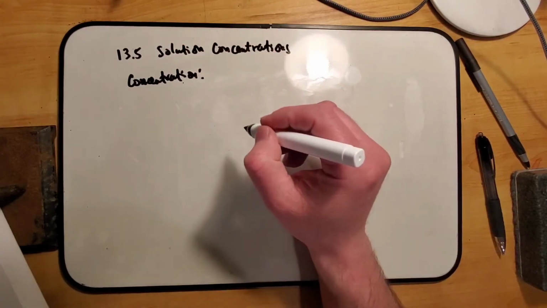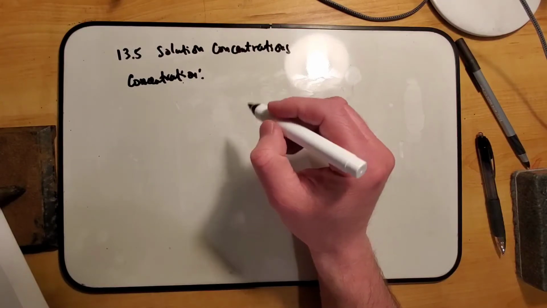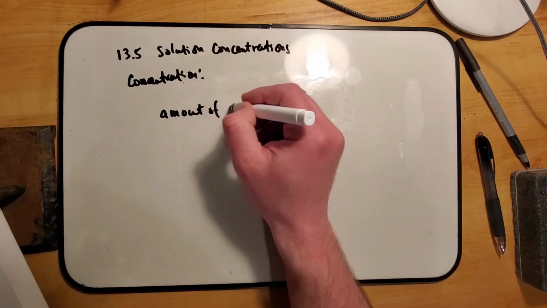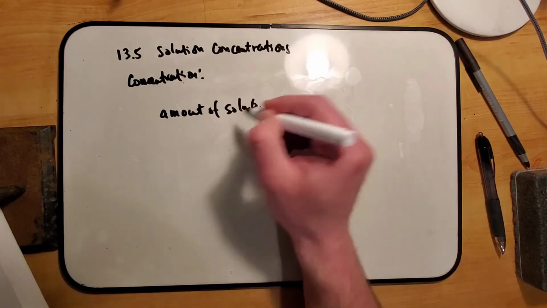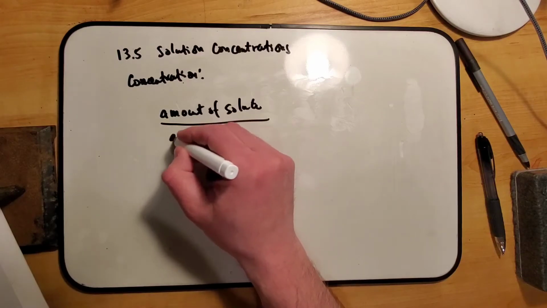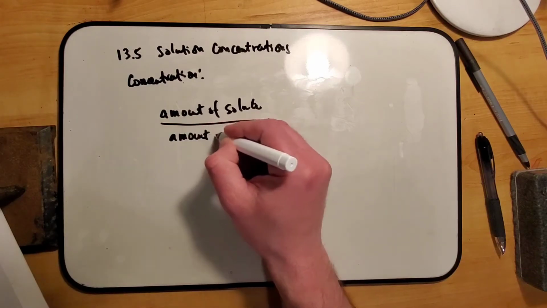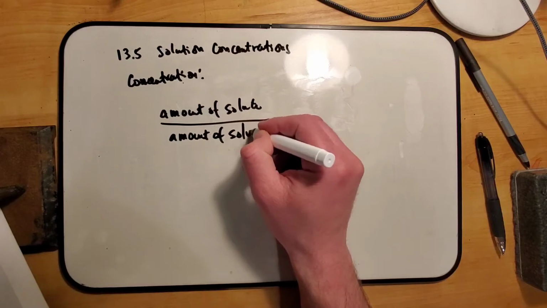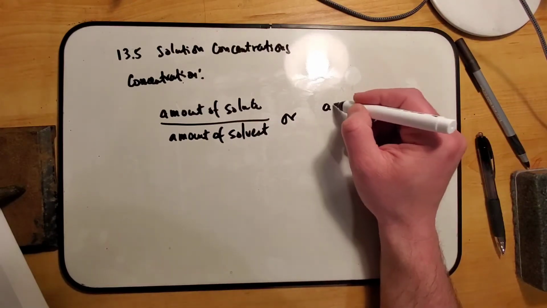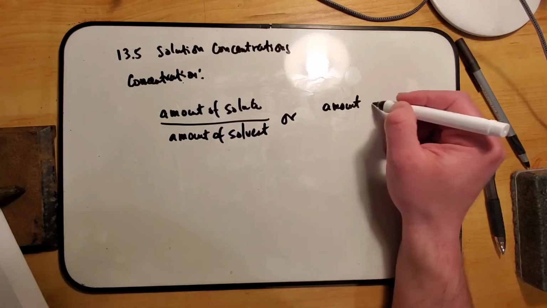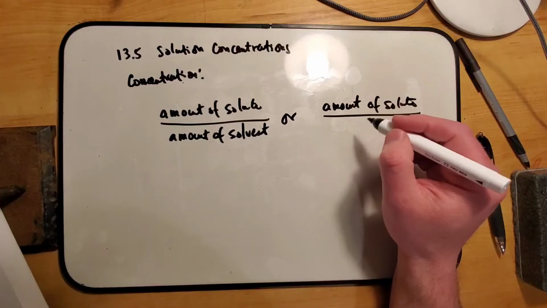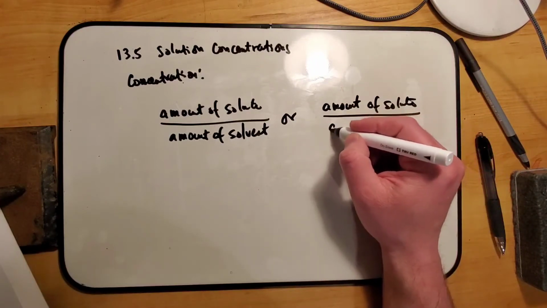Concentration is generally expressed as a ratio of the amount of a solute over the amount of the solvent, or the amount of solute per amount of the solution.